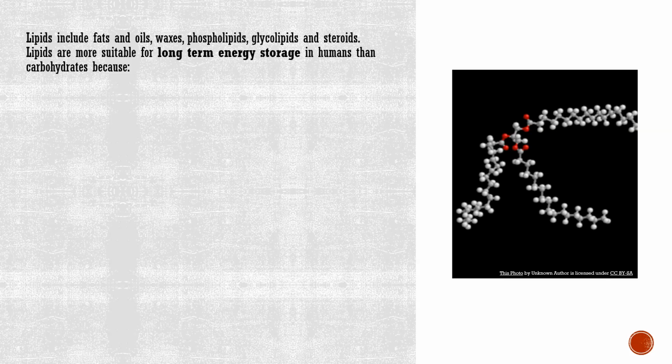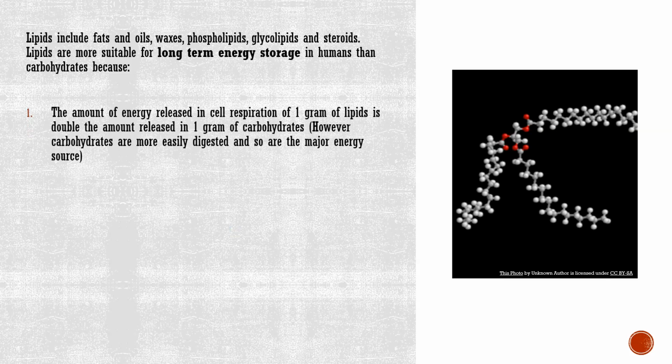They're more suitable for this long-term storage of energy in humans than carbohydrates, and this is because the amount of energy released in cellular respiration of 1 gram of lipid is double the amount that is released through 1 gram of carbohydrate. However, carbohydrates are more easily digested, so are the major energy source. So lipids are more efficient and produce more energy, but carbohydrates are easier to digest, and therefore that's the major energy source.